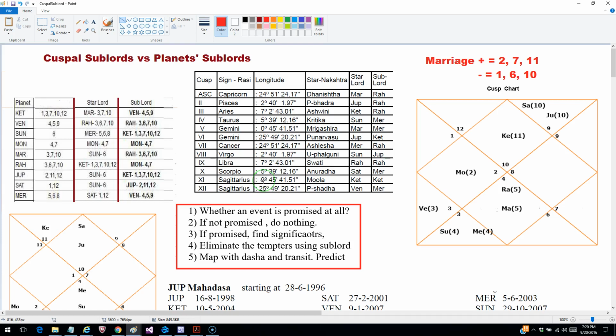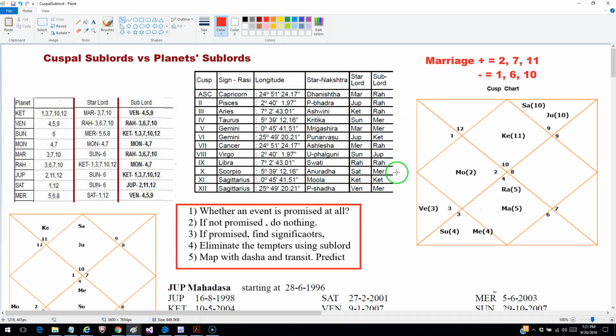So when we talk about whether an event is promised at all, then we look at the cusp, and most importantly the cuspal sublord. This is where the cuspal sublord indicates whether an event is promised at all or not. So let's say the person to whom this horoscope belongs comes to you and asks about marriage.